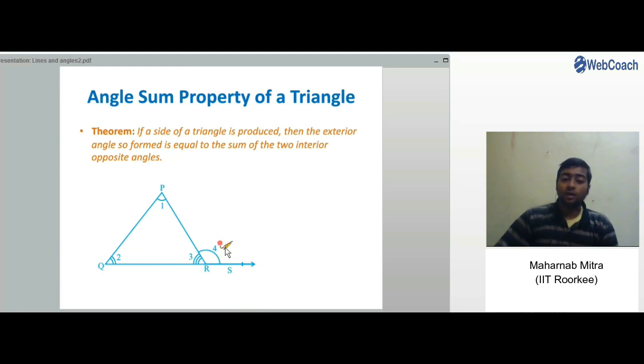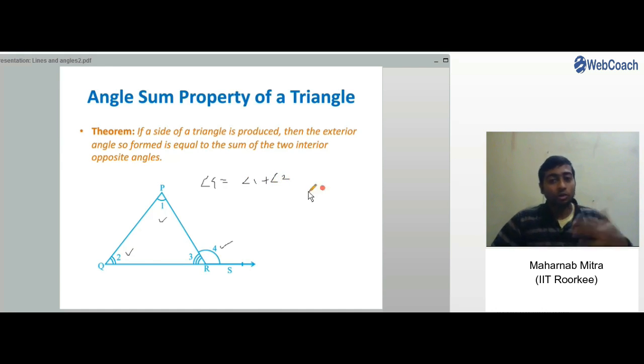So if angle 4 is an exterior angle, then the two opposite interior angles are angle 1 and angle 2. And this theorem tells us that angle 4 must be equal to the sum of the two opposite interior angles, which is angle 1 plus angle 2, right? Angle 4 must be equal to angle 1 plus angle 2.